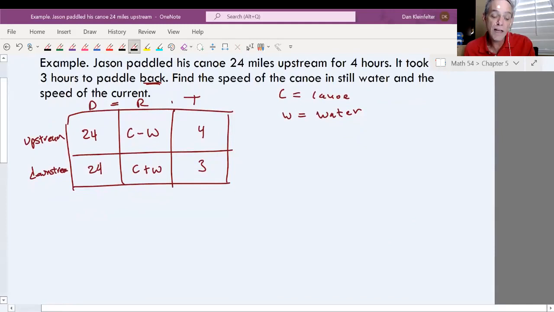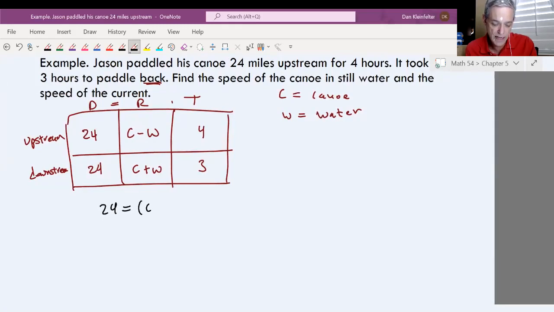So we'll have that distance equals rate times time. So 24 is C minus W times 4. And also 24 is C plus W times 3. So we can divide both sides by 4.